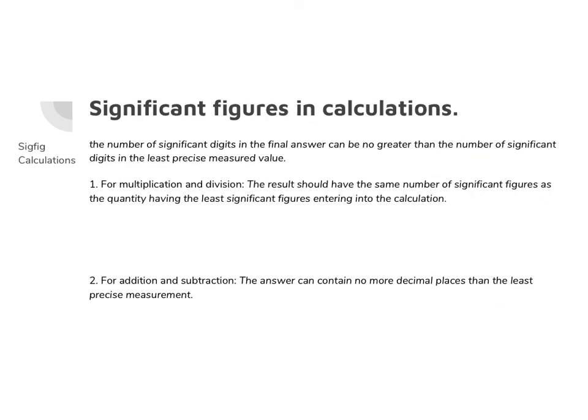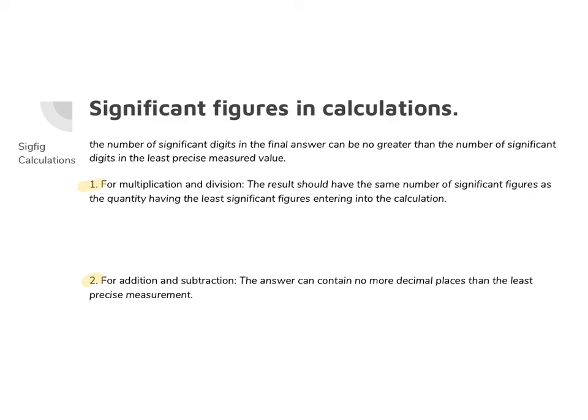All right, sig fig calculations. The number of significant digits in the final answer can be no greater than the number of significant digits in the least precise measured value. Okay, so we have 2 rules for using significant figures in calculations here, and I want you to remember these as well, as we're going to abide by these during the course of our investigations.